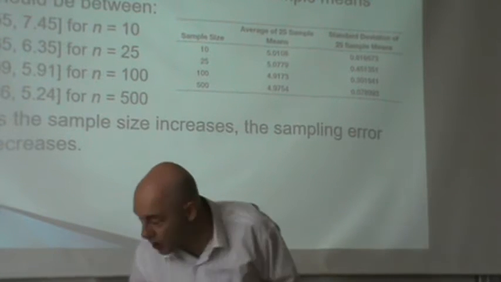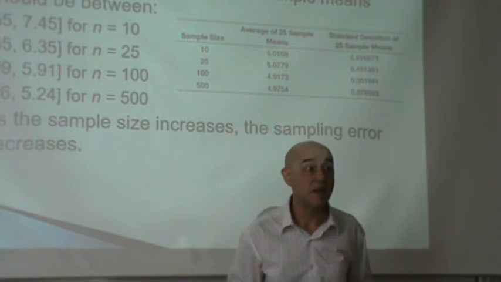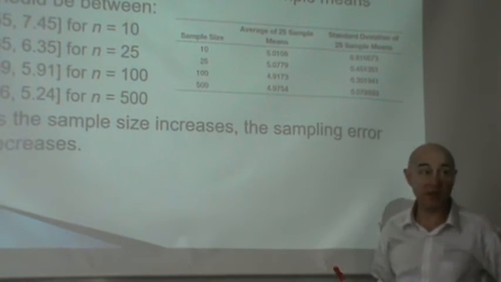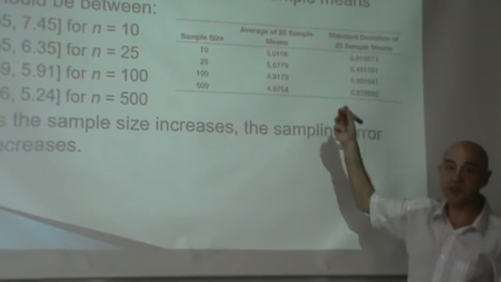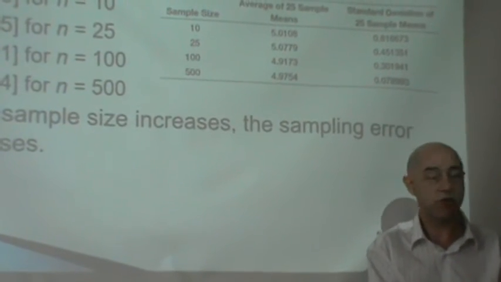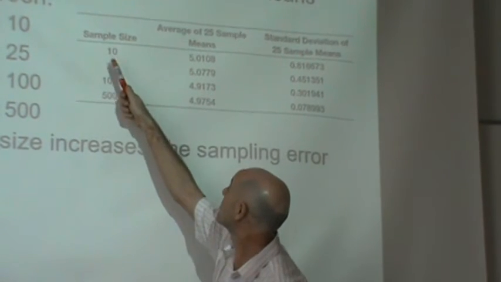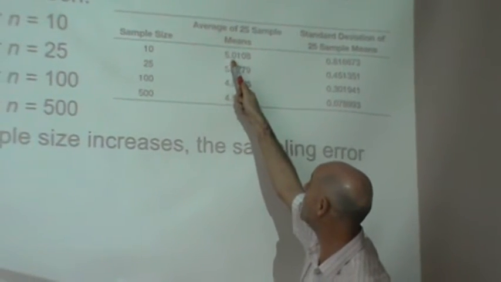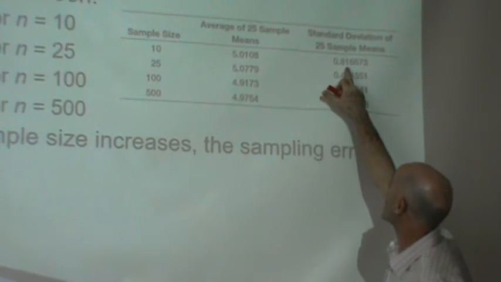Let's see what they got over here. Okay, well, it's a very good example over here. We know that the true average is 5. They throw dice, whatever the score is. If you get a sample size of 10, the mean is about 5.01, but the error is very large.